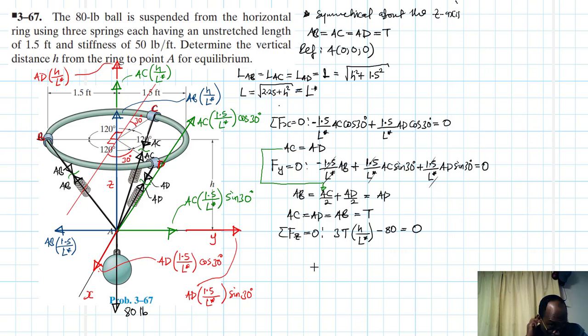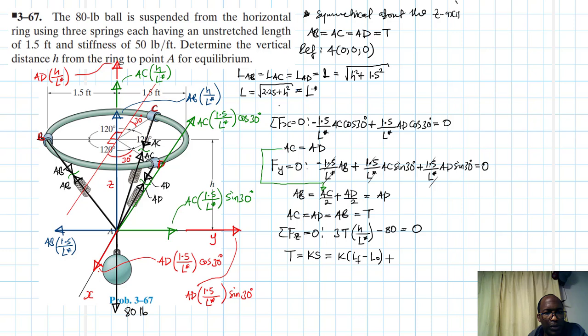Alright, so these are all springs, so we can write this T using Hooke's law, which is just Ks times L final minus L original.